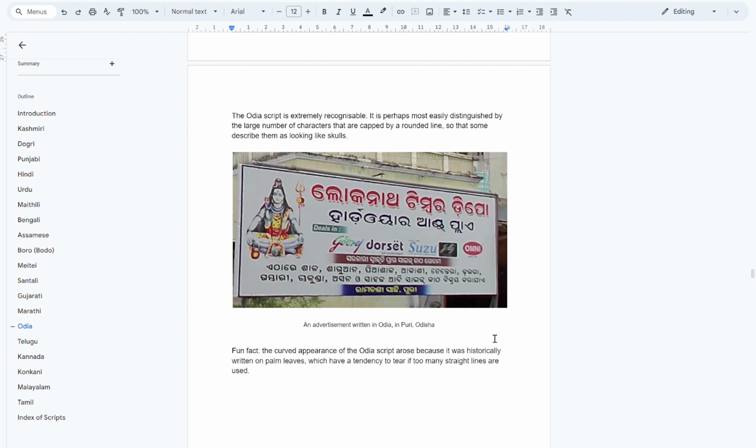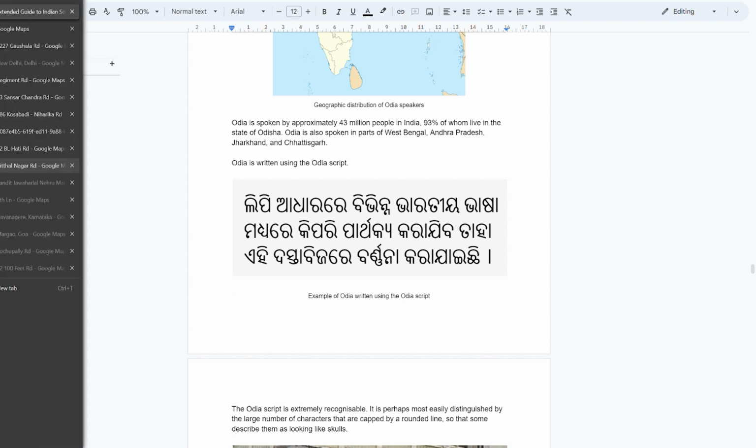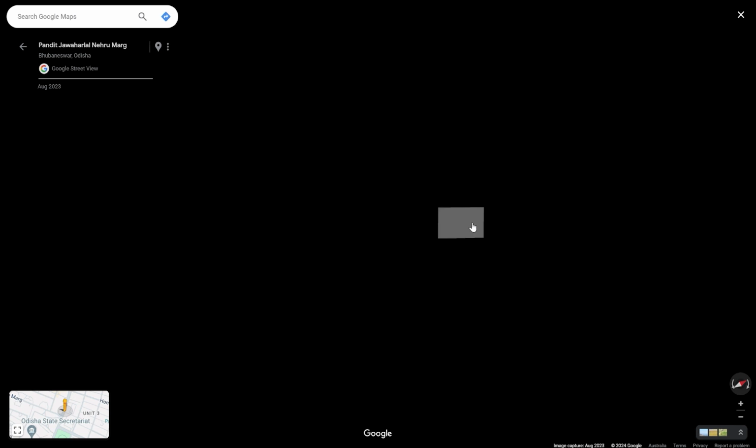This is in Odisha. A very cool fact, the curved appearance of the Odia script arose because historically it was written on palm leaves, which would tear if you wrote too many straight lines on them. So as you can see, all of the characters are very curvy. There aren't that many straight lines.